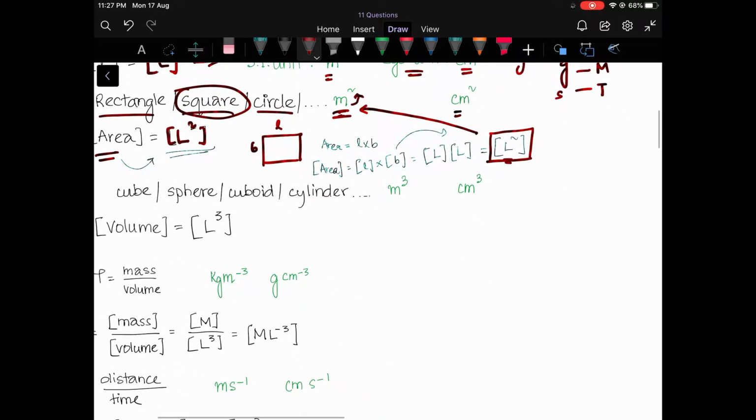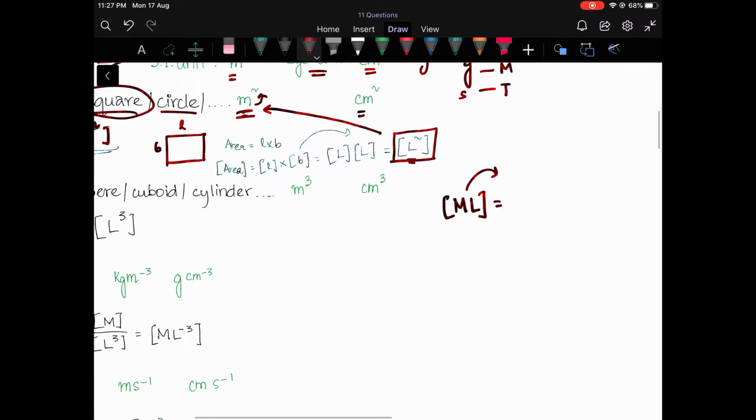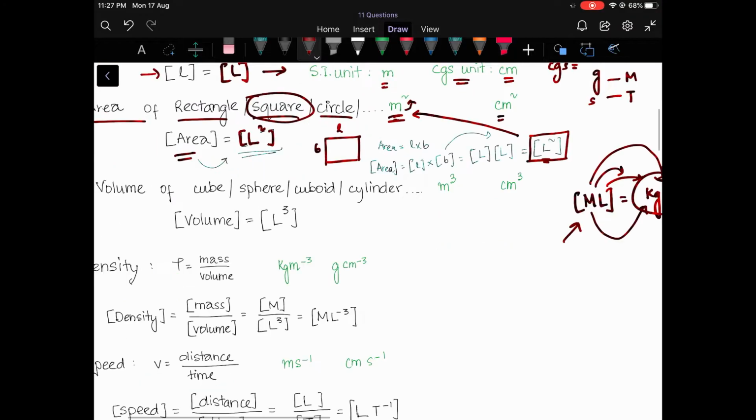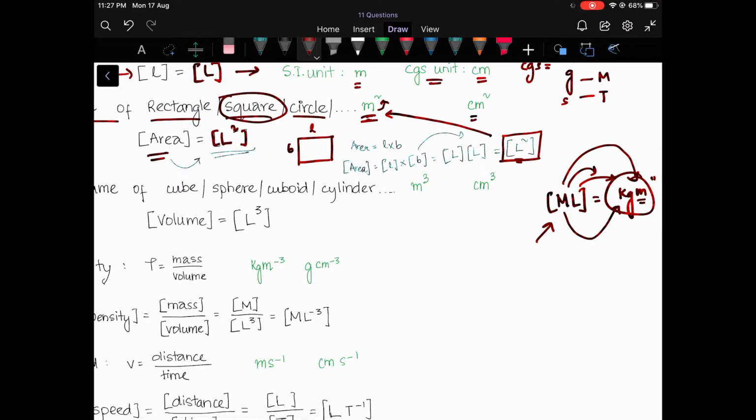So suppose if I tell you that the dimension is ML of any physical quantity, then M represents mass, L represents length, then in the SI system, the unit is going to be surely kg meters, because mass is measured in kg in SI system and length is measured in meters. So you can see if we know the dimensions, we can predict the SI unit or even the CGS unit. One more thing, just now you saw that the area of a circle or square or rectangle or any shape, we know they have the same dimensions.